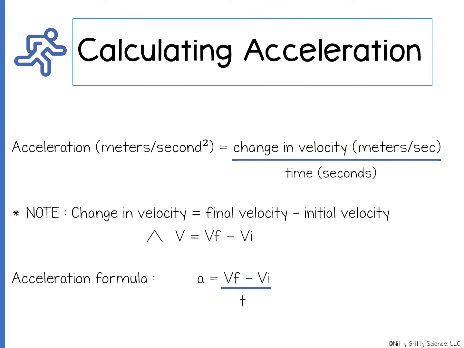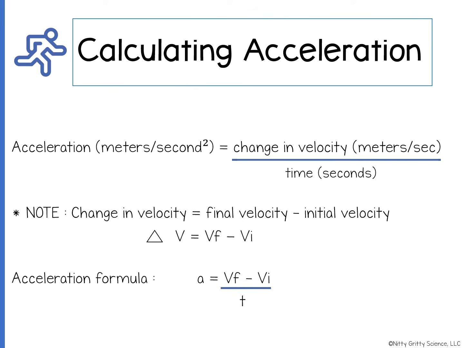To calculate the acceleration of an object, the change in velocity is divided by the length of time interval over which the change occurred. So to calculate the change in velocity, you subtract the initial velocity, or the velocity at the beginning of the time interval, from the final velocity, or the velocity at the end of the time interval.